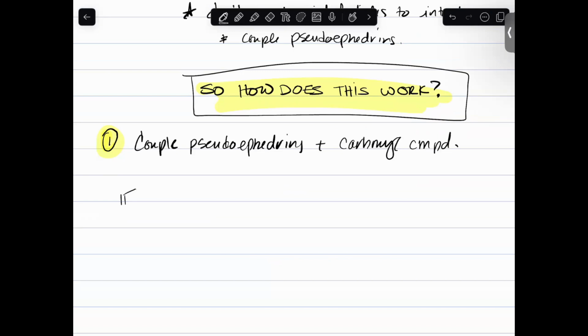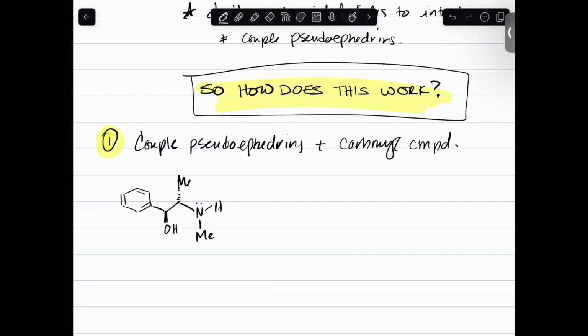So let me introduce the following. Pseudoephedrine, oh, excuse me, this is supposed to be a methyl group.